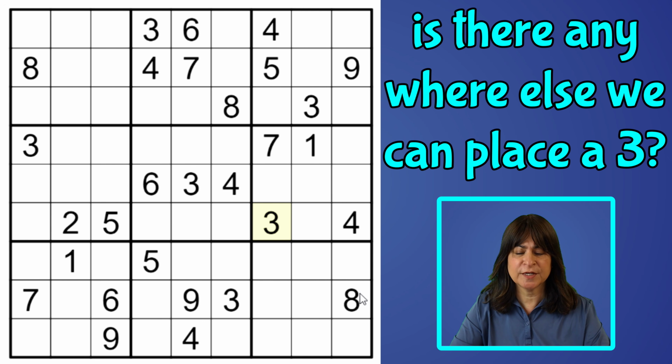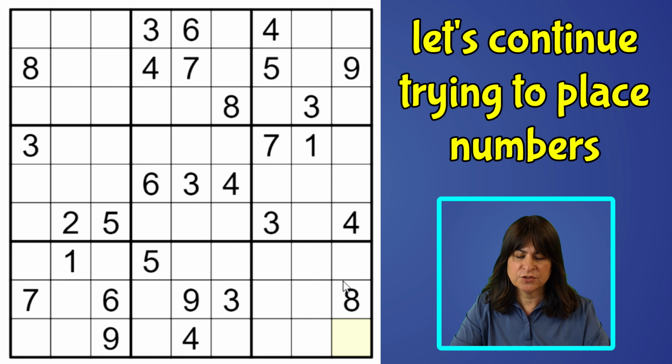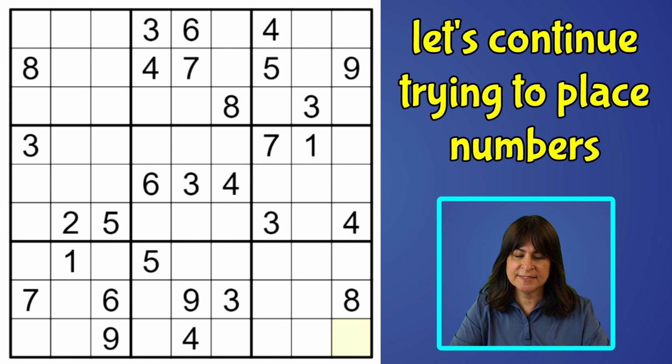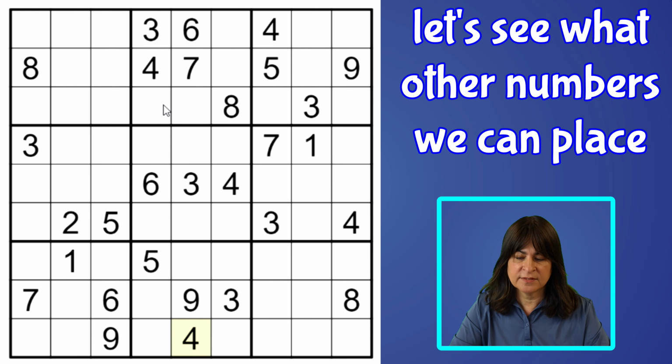Is there anything else we can do with 3's? Well, in block 9, the 3's are restricted to just 2 cells, here and here. So first, let's see how many numbers we can place without putting in the candidates. And then when I start putting in the candidates, I'll put those in. But right now, I'm just going to look around and see what I can do.